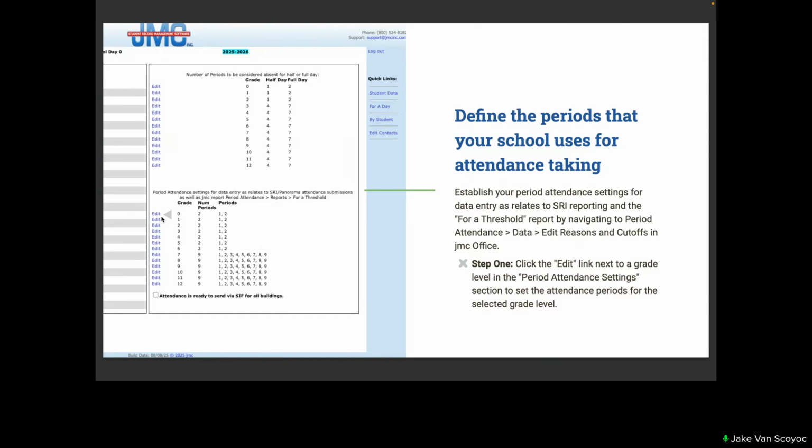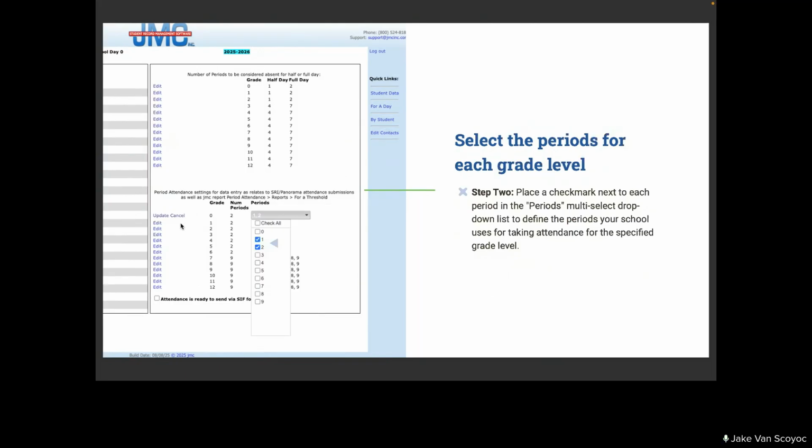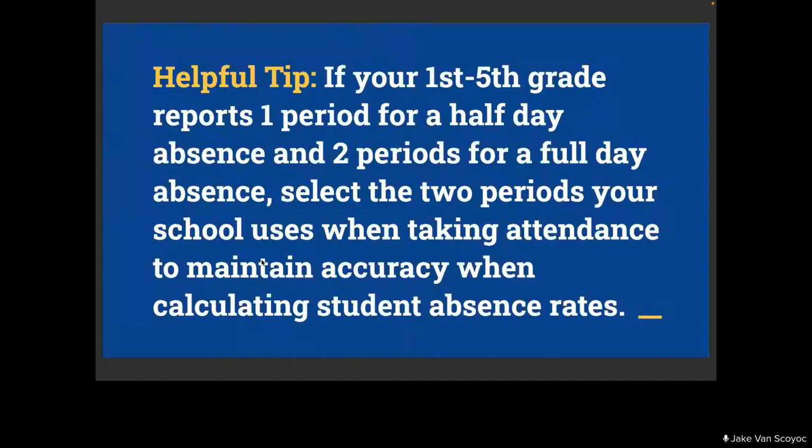So you'd click the edit link next to a grade level on that period attendance settings section to set those periods. Step 2, you'd place a check mark next to each of the periods from that multi-select drop-down list to define the periods that your school uses for taking attendance for that specified grade level.